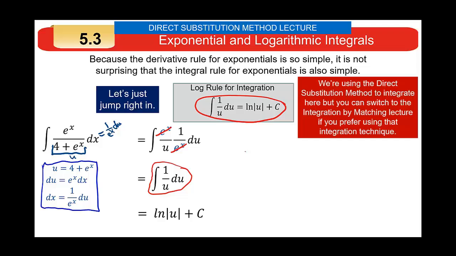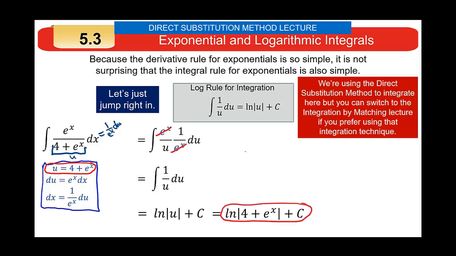And the last step, as always, is putting the x value, which in this case is 4 plus e to the x, back in place of u. And you get the answer, which is the natural log of the absolute value of the quantity 4 plus e to the x plus a constant of integration. Again, practice makes perfect on these things.